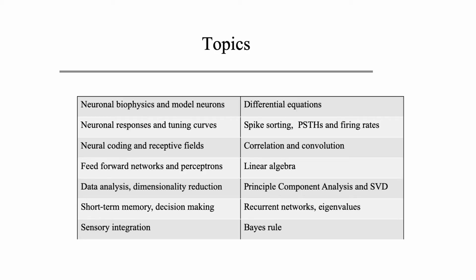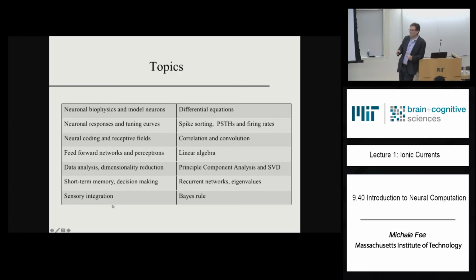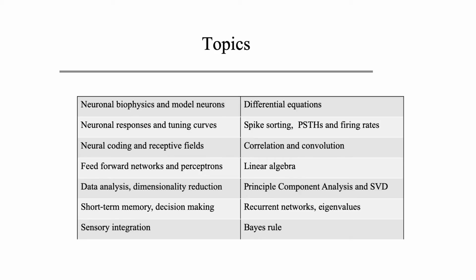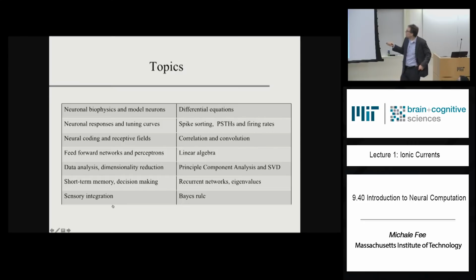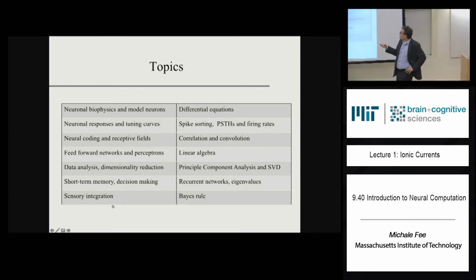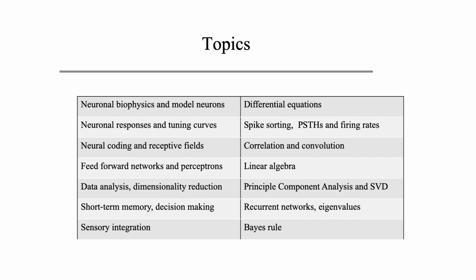So we'll be studying neuronal biophysics, and we'll be doing some differential equations along the way for that, just first-order linear differential equations, nothing to be scared of. We'll talk about neuronal responses to stimuli and tuning curves, and along the way we'll be learning about spike sorting and peristimulus time histograms and ways of analyzing firing patterns. We'll talk about neural coding and receptive fields, and we'll learn about correlation and convolution for that topic.